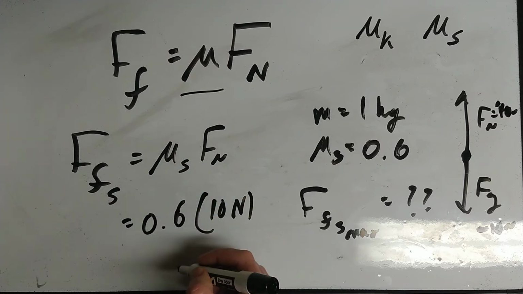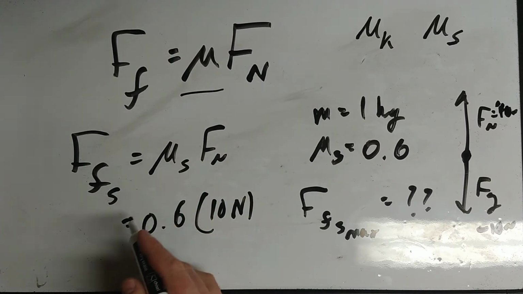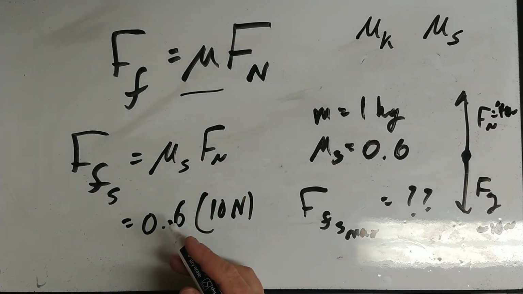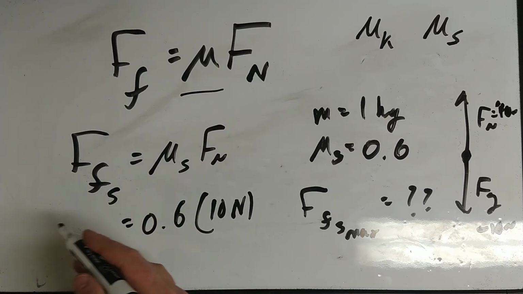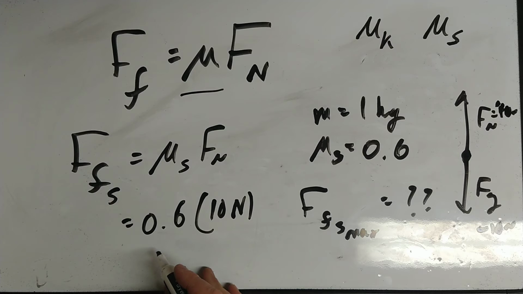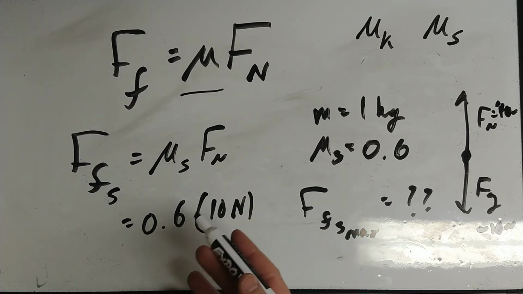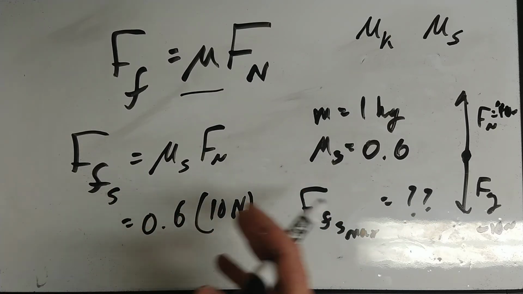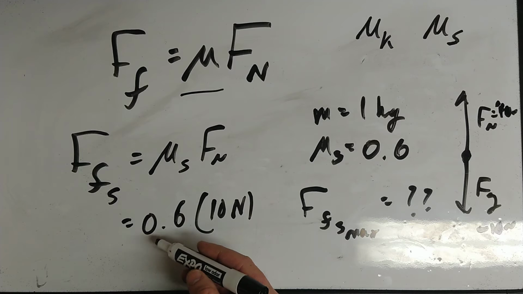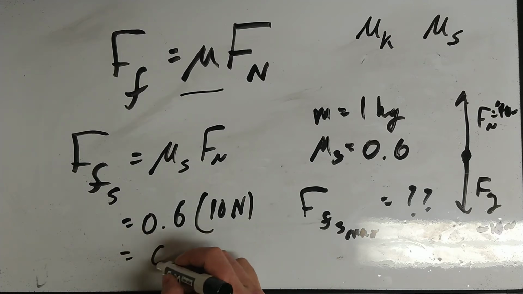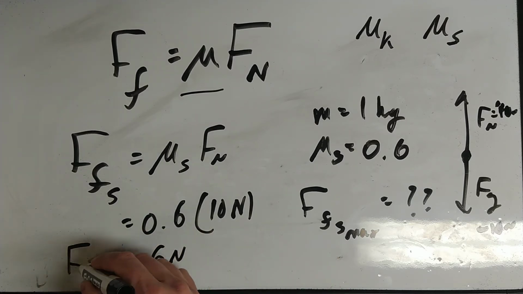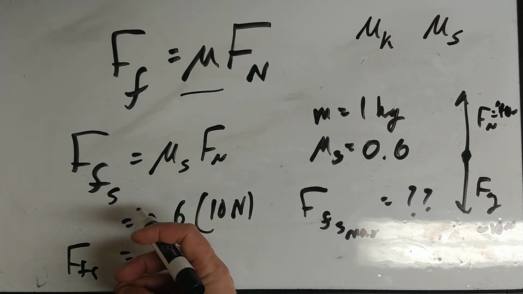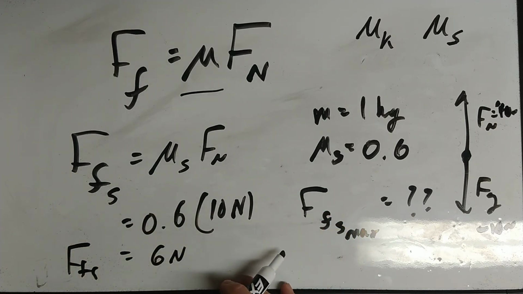The coefficient is really kind of like a percentage: it's 60% of the normal force. You have to apply 60% of the normal force to break this thing free. You take the percentage, convert it to a decimal, and multiply. So 60% of 10 newtons is 6 newtons of static friction. It's going to take 6 newtons of force to break this thing free.